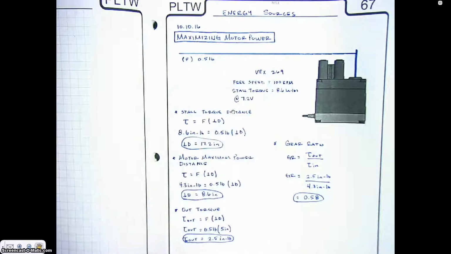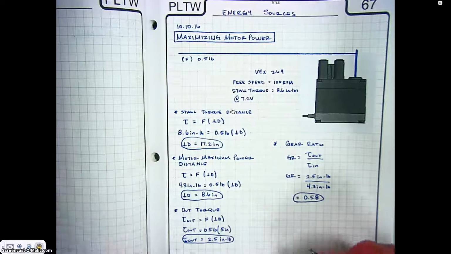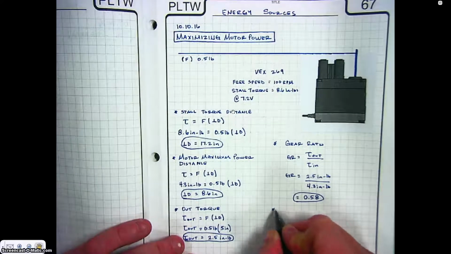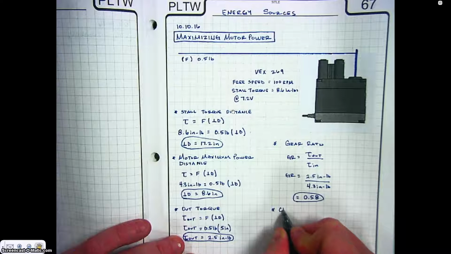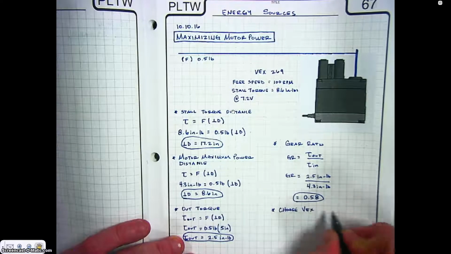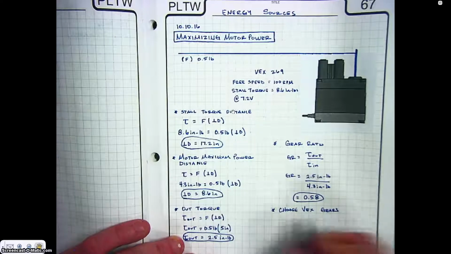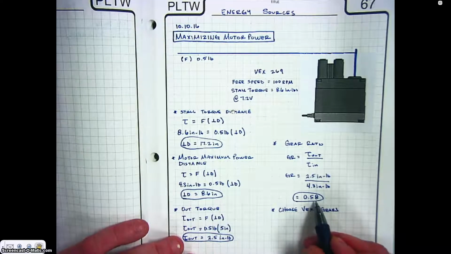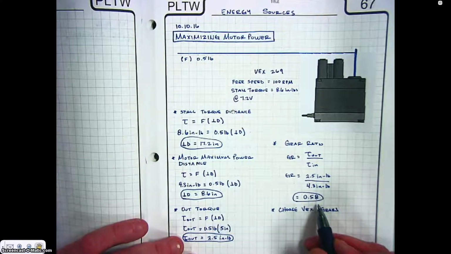Okay? And so now what we have to do is figure out what gears we have available. So I'm going to call this choose VEX gears. So we don't have the option of just making a gear ratio perfect. We have to use some standardized parts in our system.